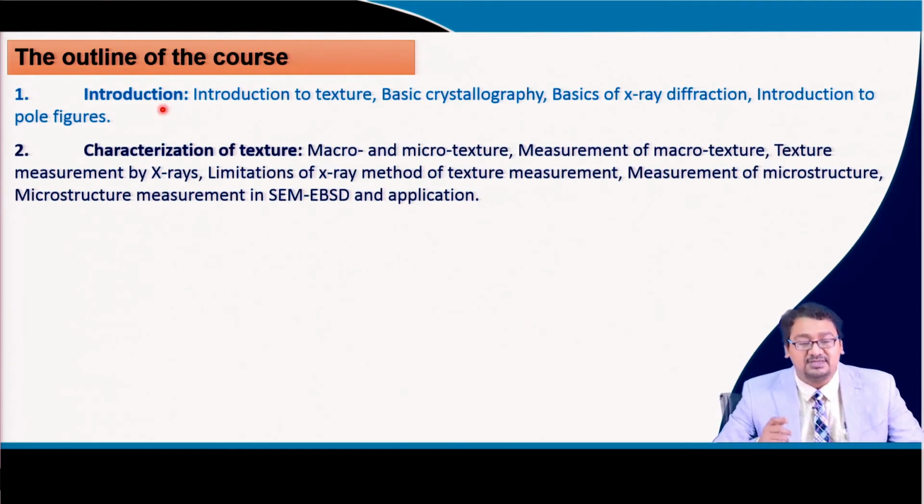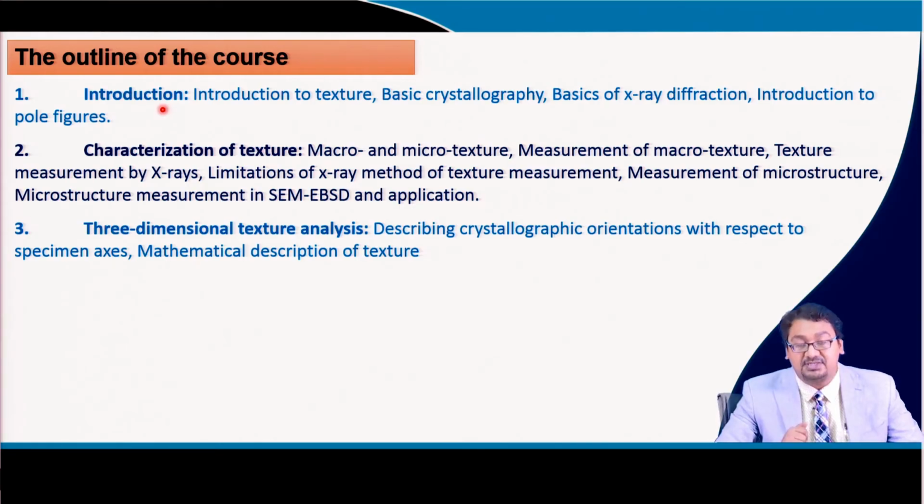Then in the second chapter we will be doing characterization of the texture, including macro and micro texture analysis and measurements of macro texture using X-ray methods, the limitation of X-ray method for texture measurement, measurement of microstructure and micro texture using SEM EBSD and their application.